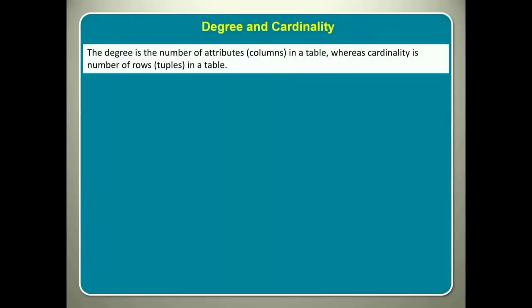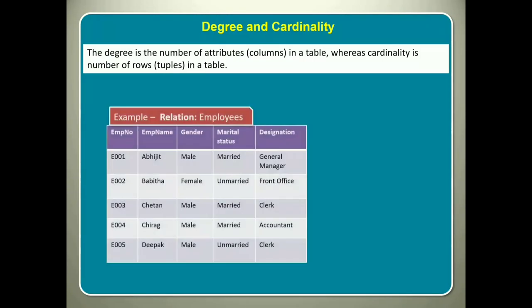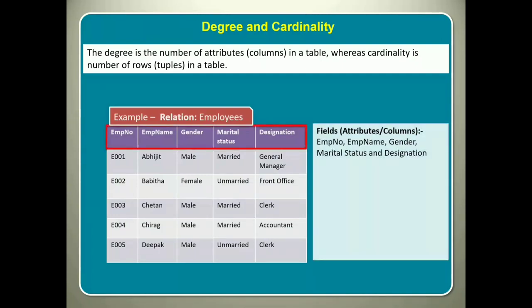The degree is the number of attributes, columns, in a table, whereas cardinality is number of rows, tuples, in a table. Have a look at an example. Here, relation, employees, fields, attributes or columns, emp number, emp name, gender, marital status, and designation.